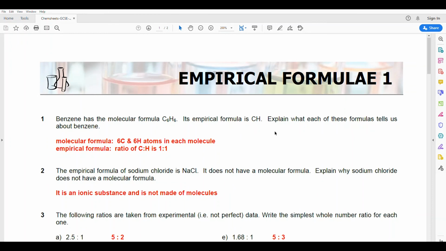And for those of you who are not at UTC Swindon, I'm just going to scroll through the answers so you can self-assess your work. So here are the answers for Empirical Formula number 1.